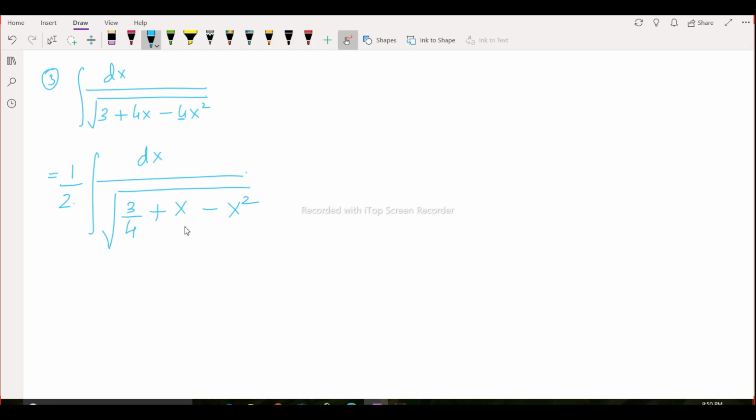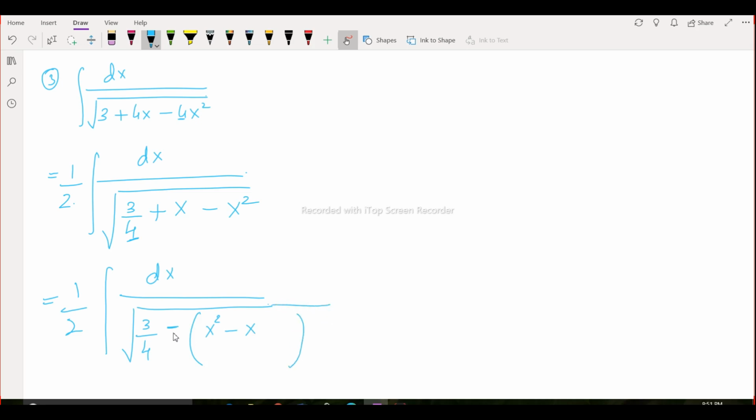Okay, once you have done this, now what we can do is we have to get rid of that negative sign. So what I'll do is, I don't need 3 by 4 yet, so I'll write 3 by 4 minus, I'll take minus out, so I'll get x square minus x. This is what I get, right?